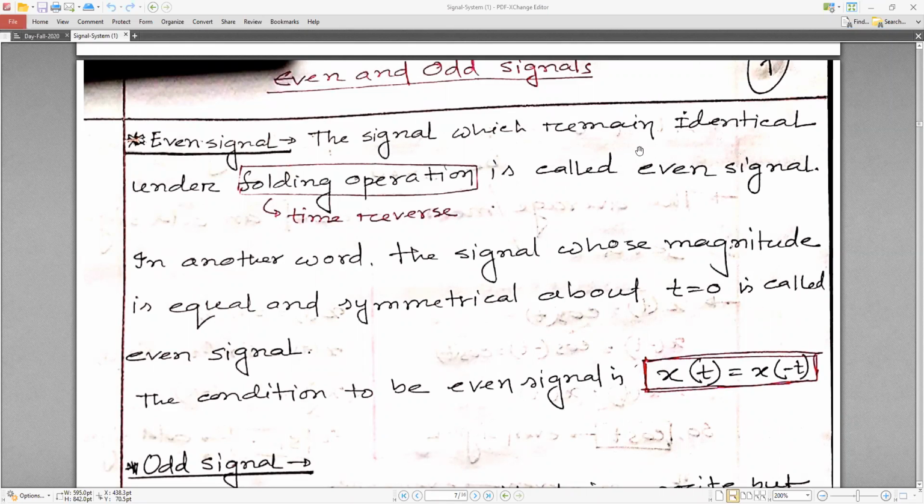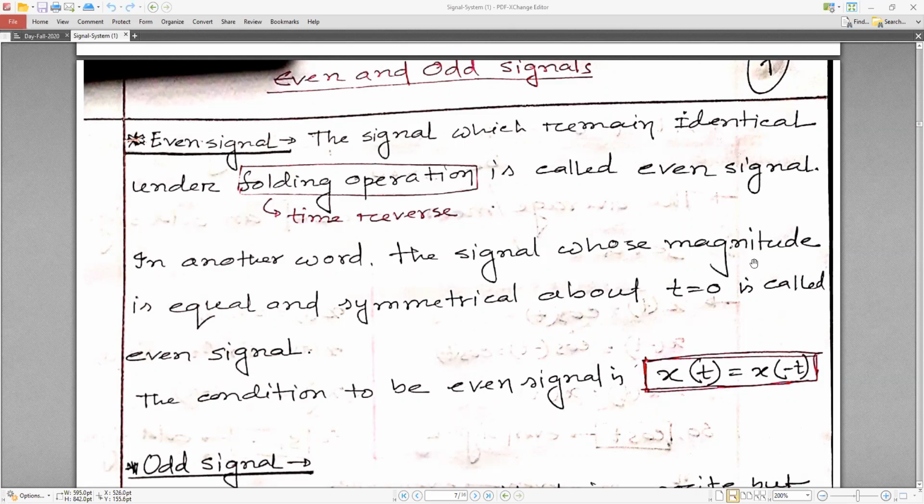Now, what is the even signal? The even signal remains identical under the folding operation, time reversal. So if you change the time, the signal will be the same. In other words, the signal whose magnitude is equal and symmetrical about t equal to 0 is called an even signal.